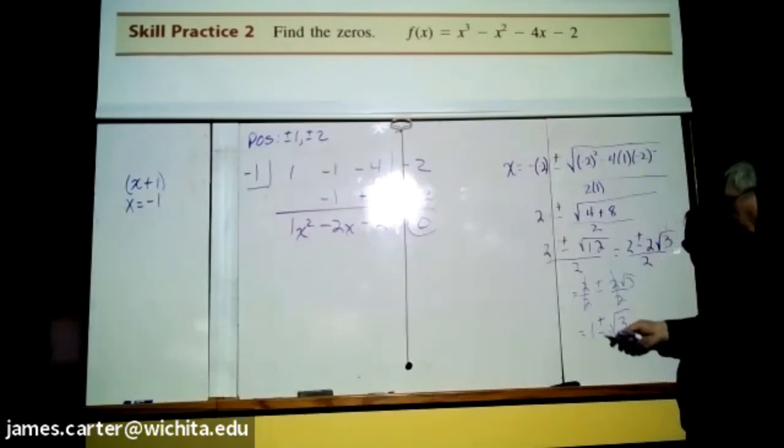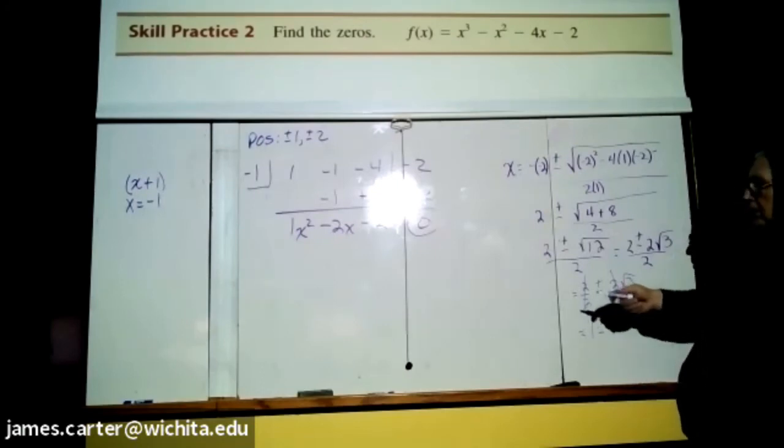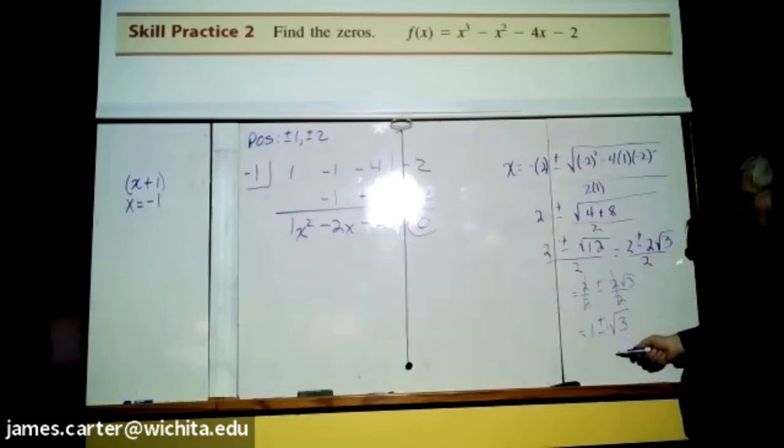Okay, now that would be, in this case, our root, or our x value, and these are going to be two different distinct ones. So each one of these is going to be crossing. The -1 will be a crossing. And this one, what do these two break down into?